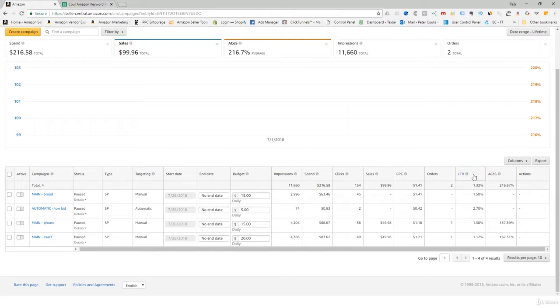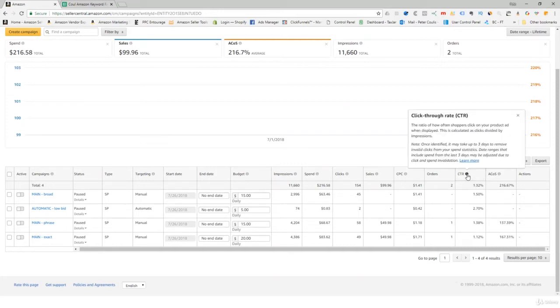If we have a really, really low CTR, like say 0.1, we then need to go back to the drawing board and evaluate what the problem is. It might be a main image problem. It might be a listing problem. It might be a price problem. But 99 out of 100 times, it's going to be one of 2 things: main image sucks or your price is too high. So that's why it's important to monitor CTR.